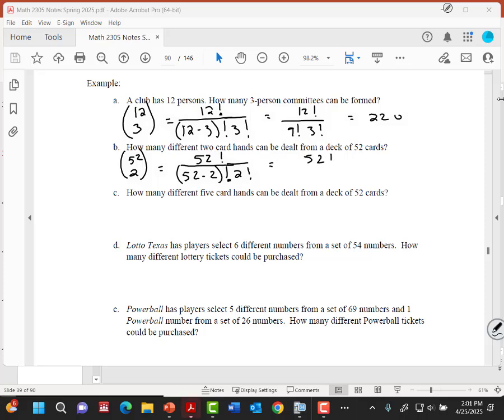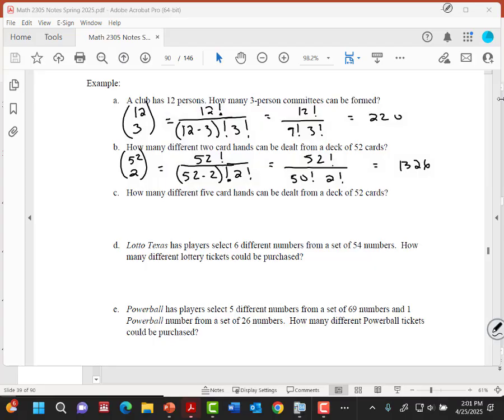So this is 52 factorial in the numerator, 50 factorial times 2 factorial in the denominator. This is 1326. So what this is saying is there's 1,326 different ways that I can deal you 2 cards from a deck of 52 where the order is irrelevant.